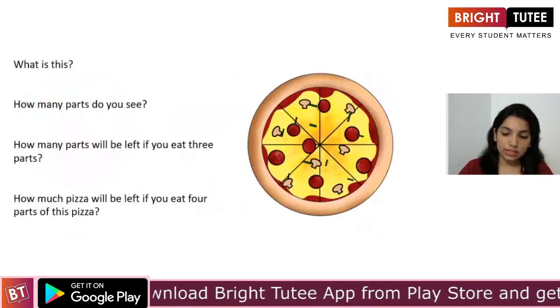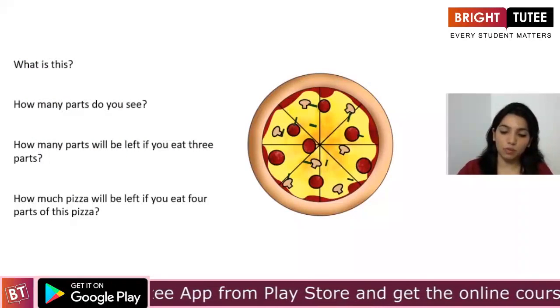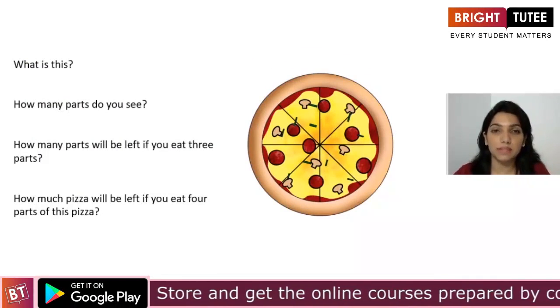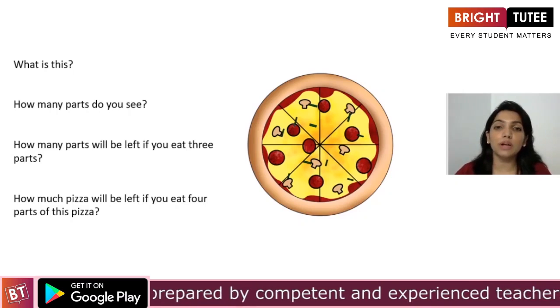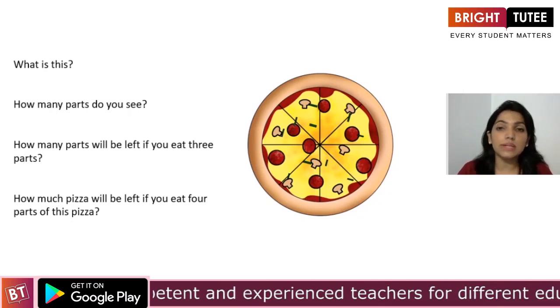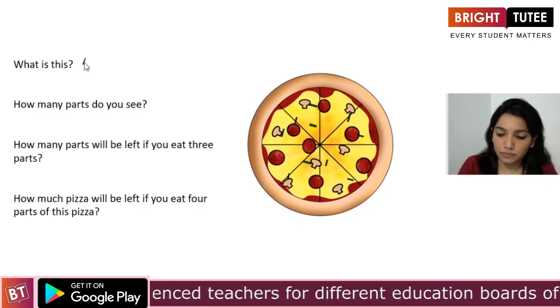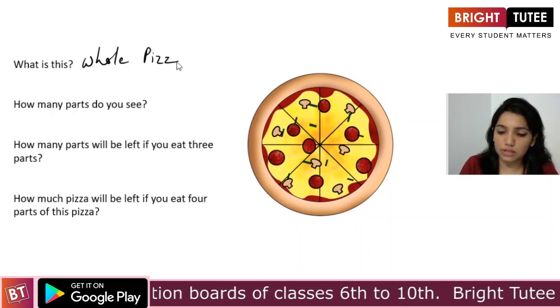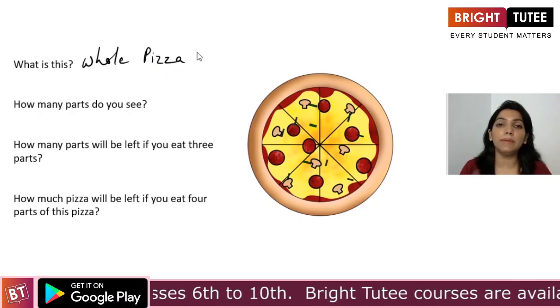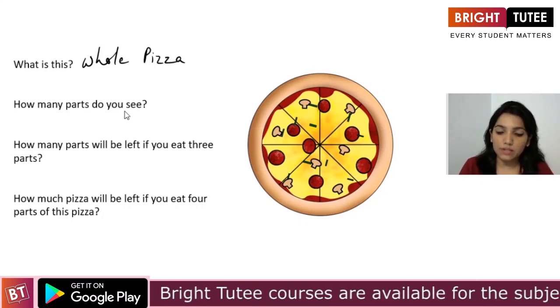Now let us see some more examples here. What you see in front of you again is a pizza, but here you have certain slices cut into it. This is a whole pizza, complete. How many parts do you see?